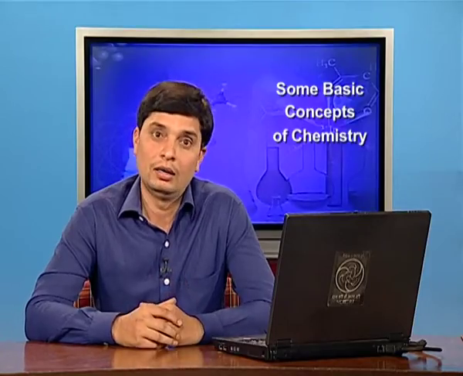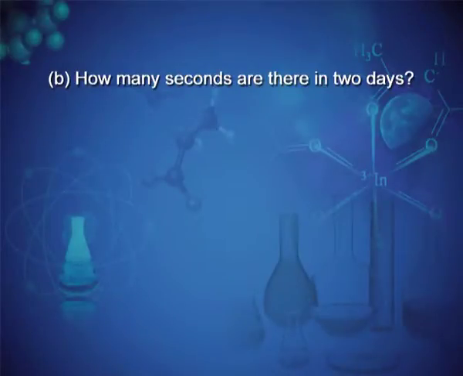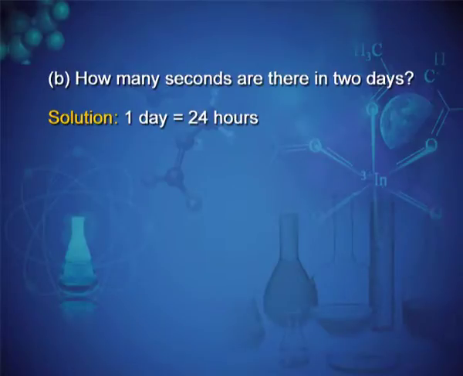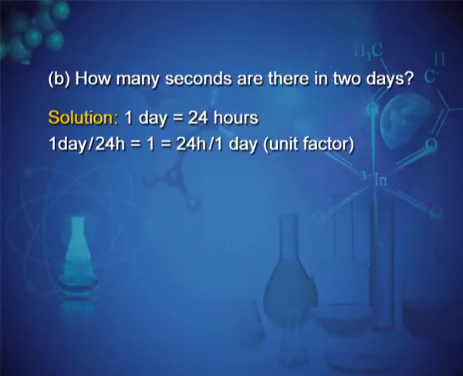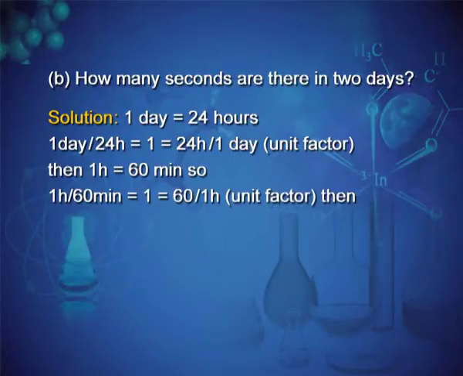Second example, how many seconds are there in 2 days? As we know, 1 day is equal to 24 hours. So 1 day is equal to 24 hours is one factor, and 24 by 1 day is the unit factor. Then 1 hour is equal to 60 minutes, so 1 hour by 60 minutes is equal to 1, again a unit factor, and 60 by 1 is also a unit factor.